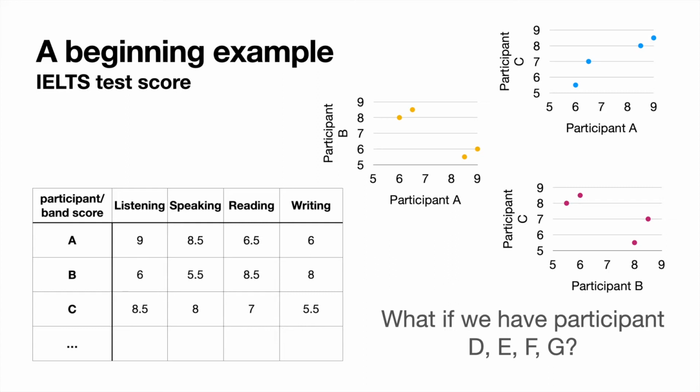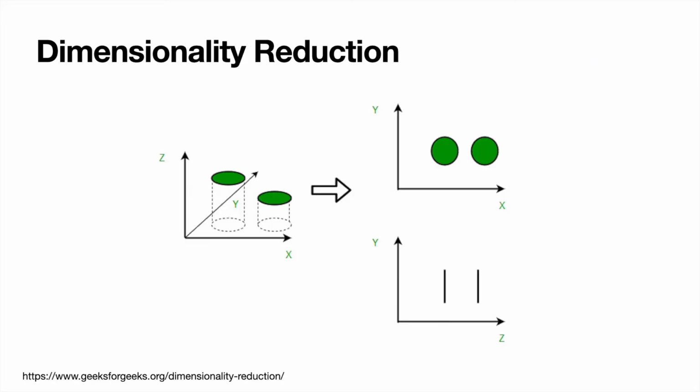But what if we have more samples, for example, a large group of participants, and we want to cluster them and find the similar samples? It will be very hard to plot them and find regularities like we already did because it will be high dimensional data, and that's why we introduce dimensionality reduction.